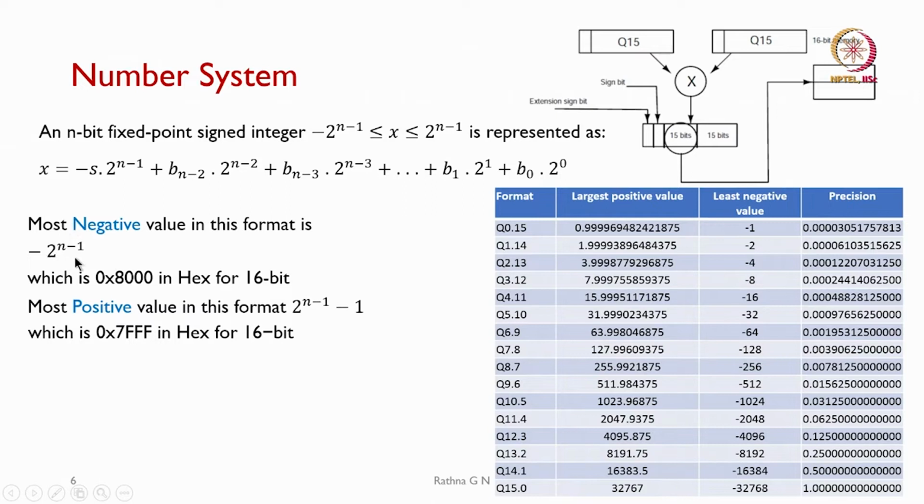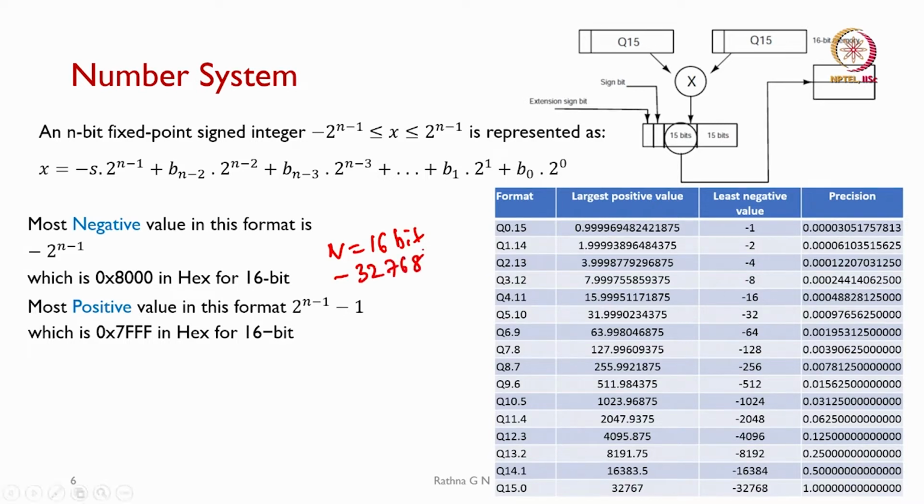Because we have considered n equal to 16 bits in our processor, the most negative value I can represent is 0x8000 in hex, or in decimal, minus 32768.